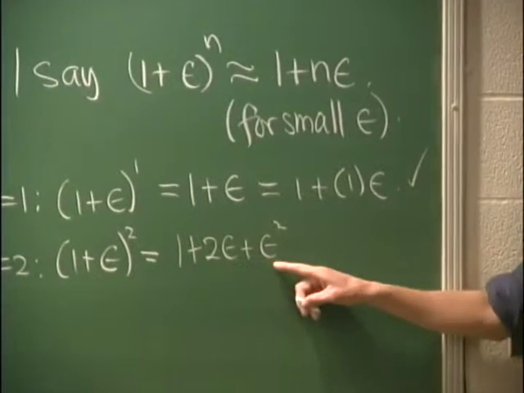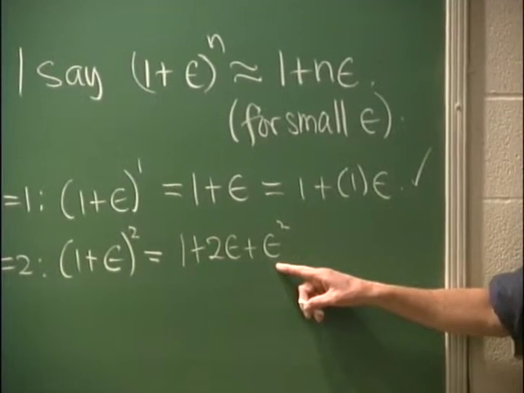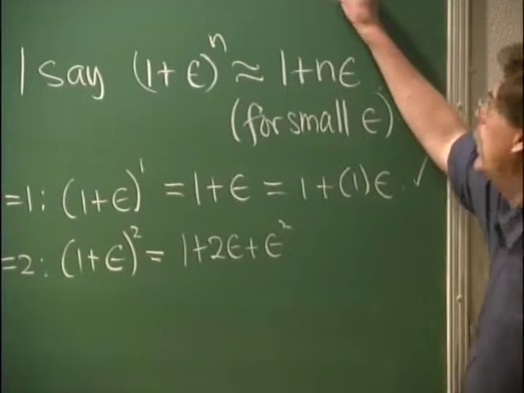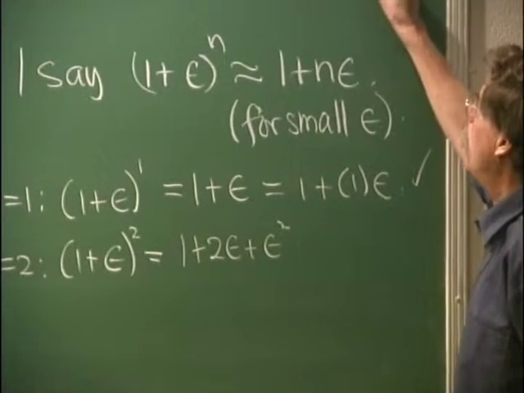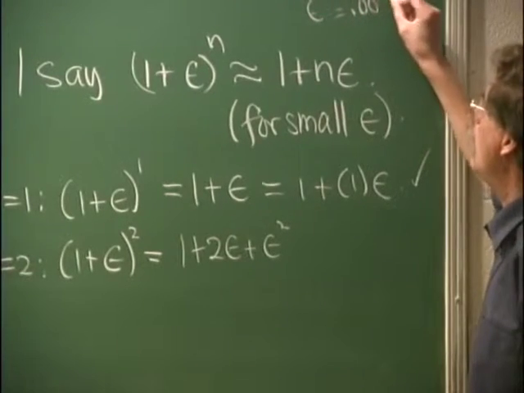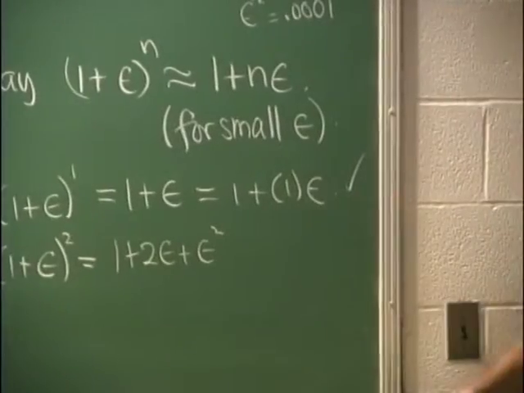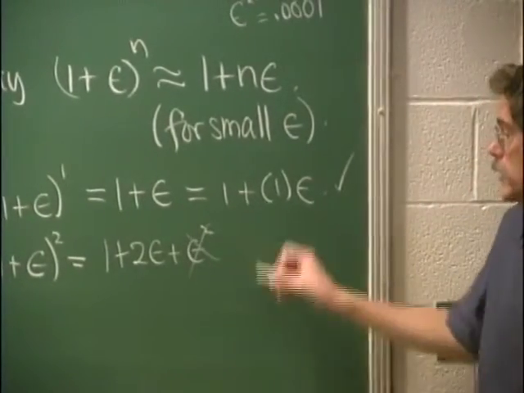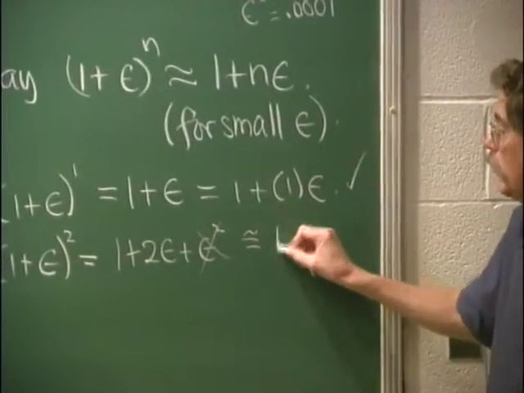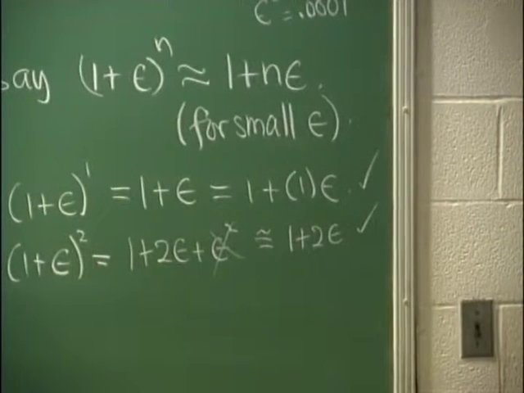If epsilon is small, then epsilon squared is very small. Isn't that right? For example, suppose that epsilon was equal to 0.01, then epsilon squared would be 0.0001. Very small. So I throw away the epsilon squared term, and I get approximately 1 plus 2 epsilon, which is exactly what I claim, 1 plus n epsilon.